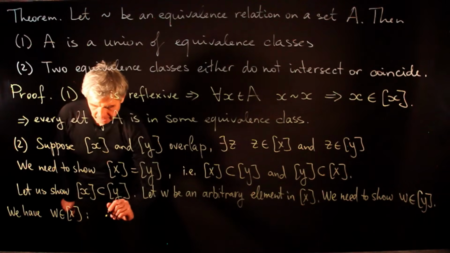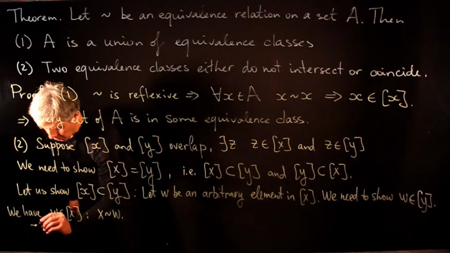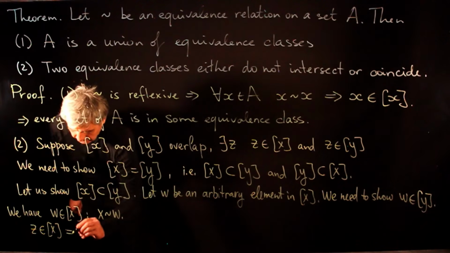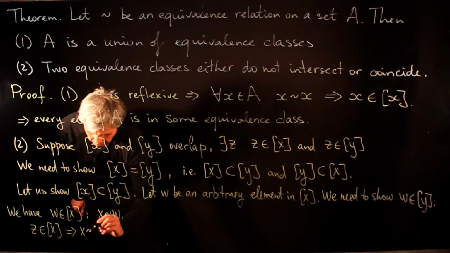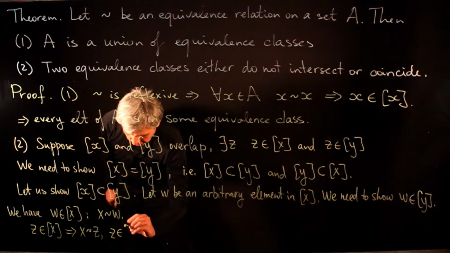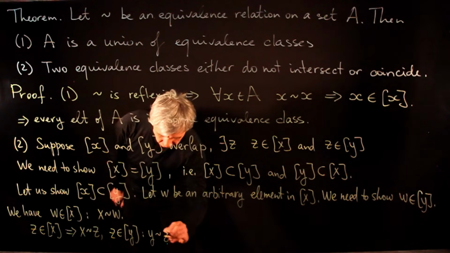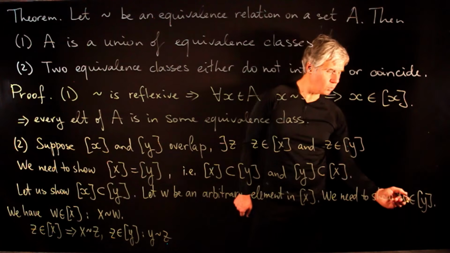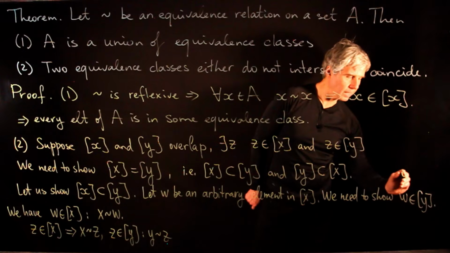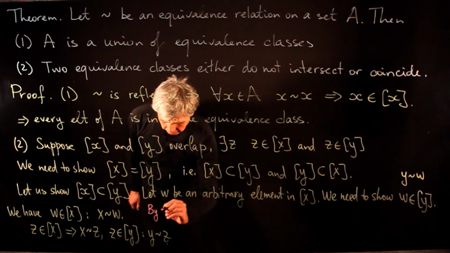So this means that x is equivalent to w. We also know that z belongs to equivalence class of x. So this tells us that x is equivalent to z. And finally, we know that z belongs to equivalence class of y. So that is, y is equivalent to z. And what we need to show is that w is in equivalence class of y, so that is, y is equivalent to w.